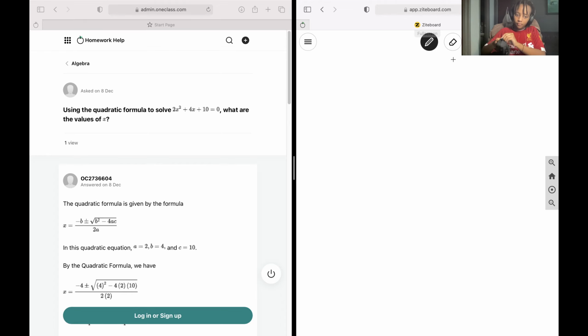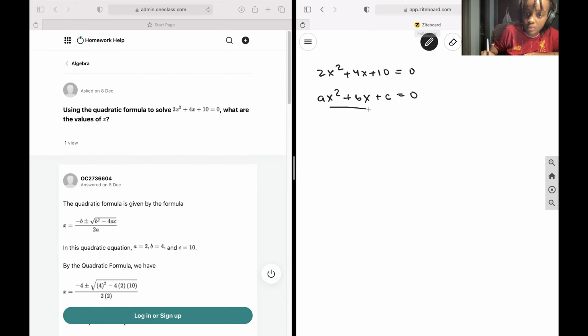Okay. Now we want to use the quadratic formula to solve this. So let's just write it out. And we need to know what the quadratic formula is. So if we have a quadratic like this, we have x is equal to negative b plus or minus the square root of b squared minus 4ac over 2a.